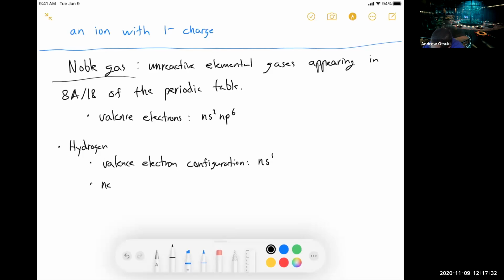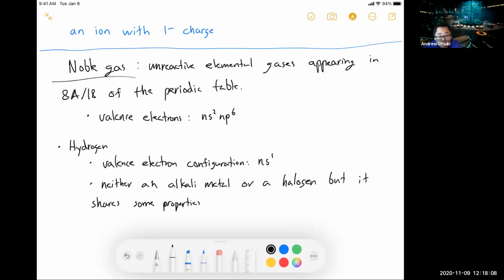But it can gain an electron to become like helium. So we say it's neither an alkali metal nor a halogen, but it does share some properties with both groups, but I don't expect you guys to know what those properties are.